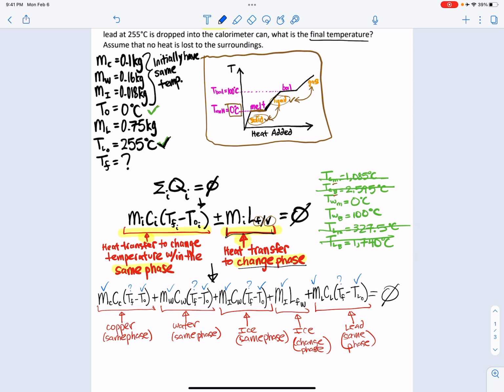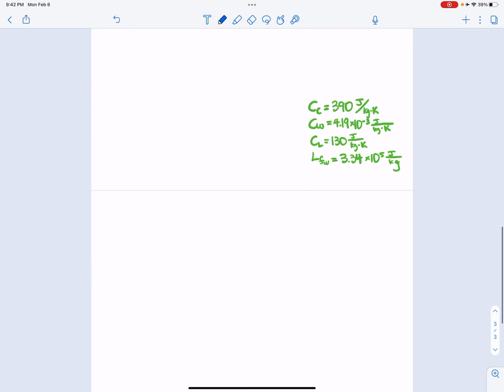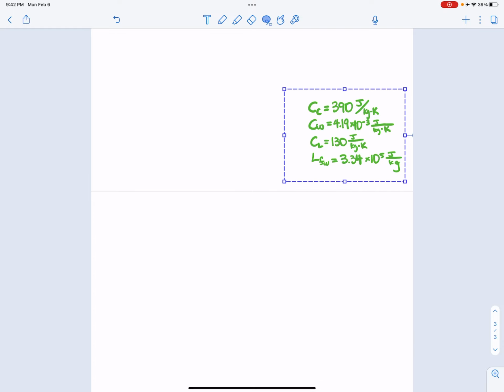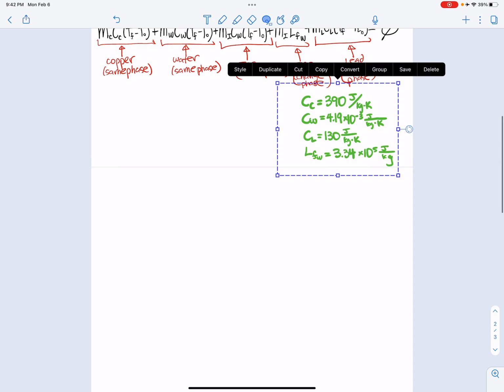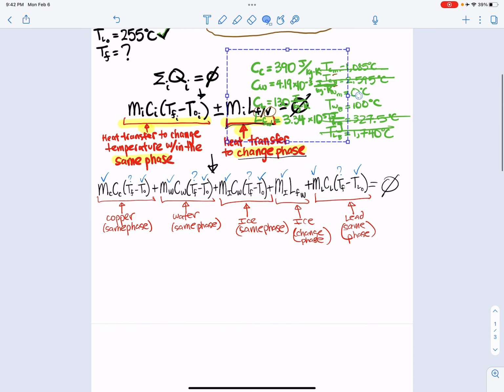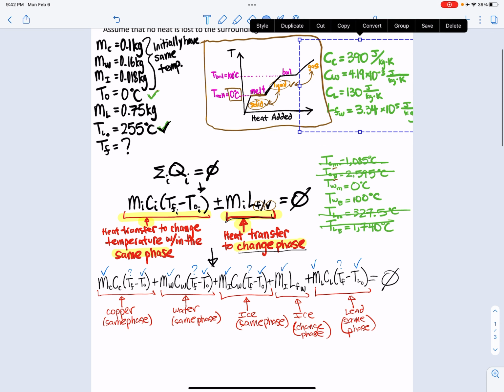So we need to find out the specific heat for copper, water, lead, as well as the latent heat of fusion for water, right? And I found that through Google again. So these you'll just find on Google, or maybe for a test, it might just be given to you, or you might be given a chart to find this. Okay, so I'll put this right here.